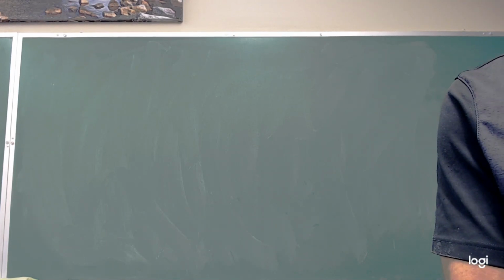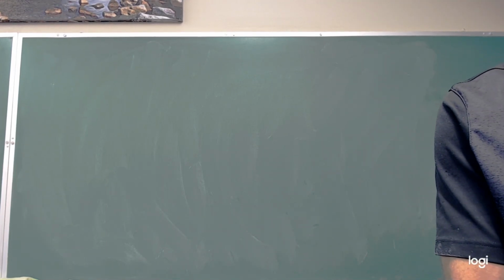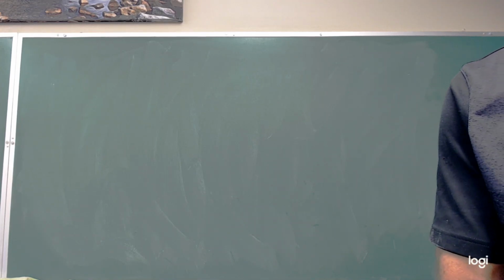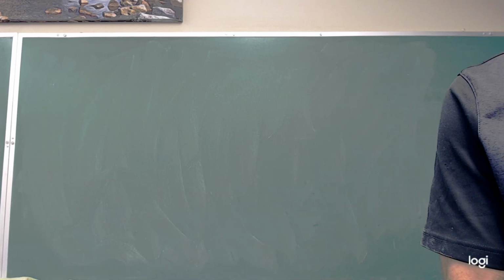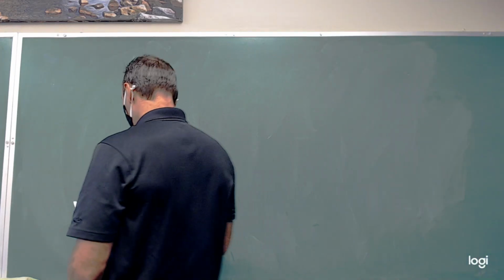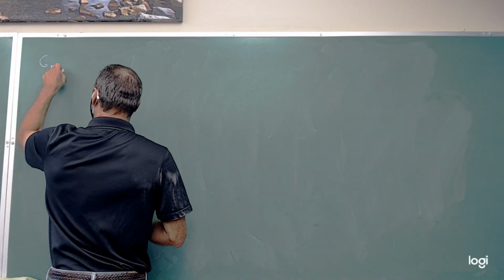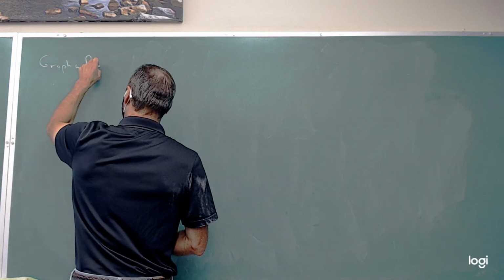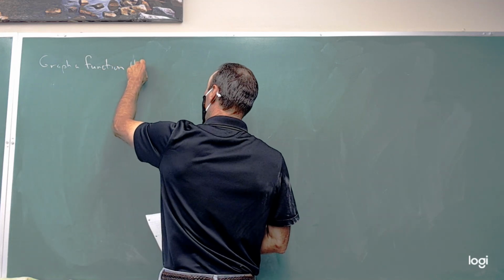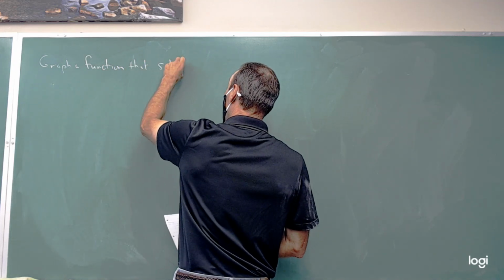And you can see another one if you look at the supplemental videos. And you should also do the one on that worksheet. There we go. So we are going to graph a function that satisfies the following limits.